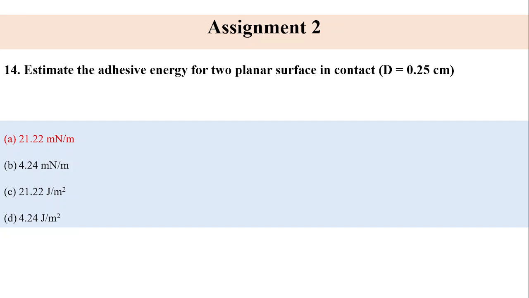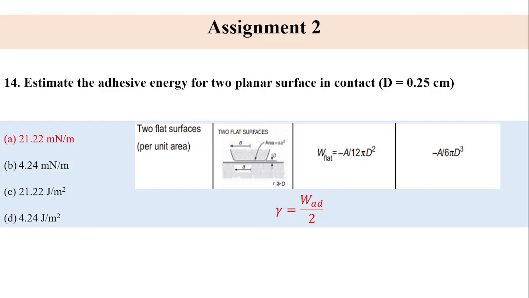And how would we solve this question? We will use a certain equation, that is, in case of two flat surfaces. See, in the question it's given, two planar surfaces in contact.